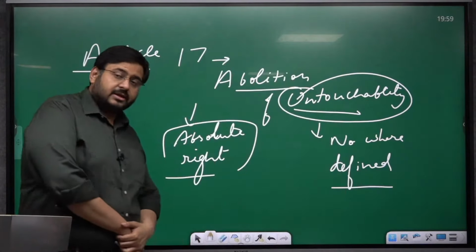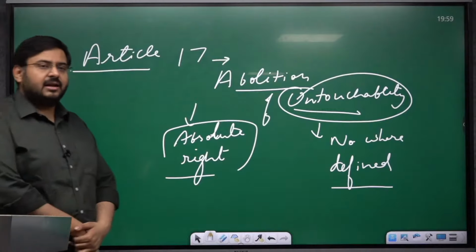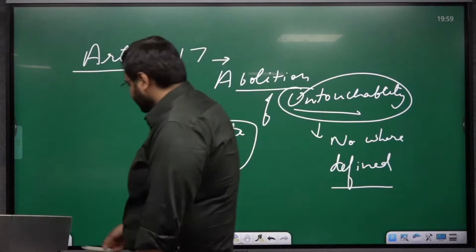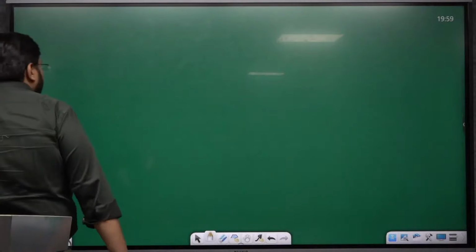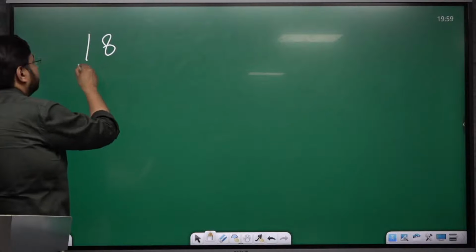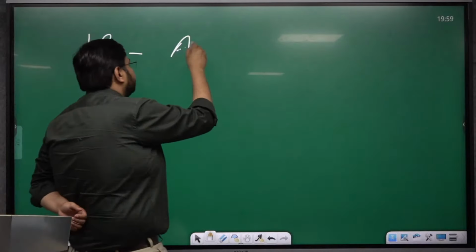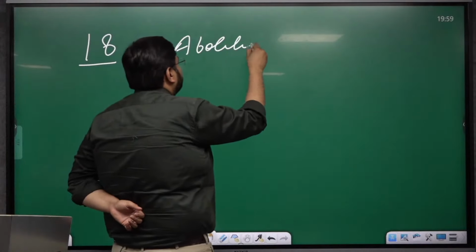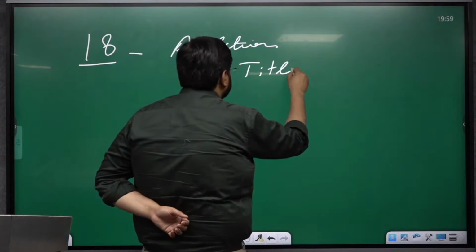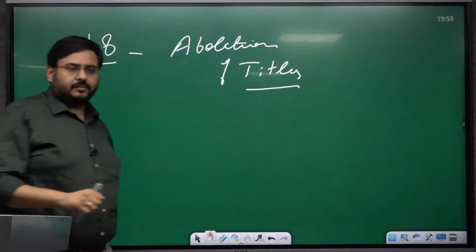Let us go to another article. What does it say? Article 18. What does it say? Abolition of titles. Very good. So the Constitution has abolished the title. Yes? Very good.